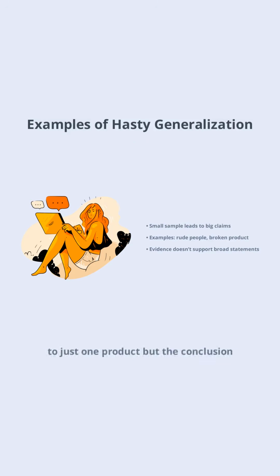Again, the evidence is limited to just one product, but the conclusion covers the entire brand. These examples show how easy it is to fall into this trap. The main issue is that the evidence doesn't support the broad statement being made. Next, we'll talk about how to avoid making this mistake in your own reasoning.